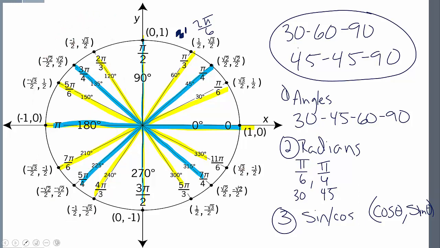That's why all of my x values are negative. For the y values, they're positive here, and negative down here. That's why all the y values are going to be negative down there. If you just remember cosine is x, sine is y, these are essentially the tools you need to memorize the unit circle.